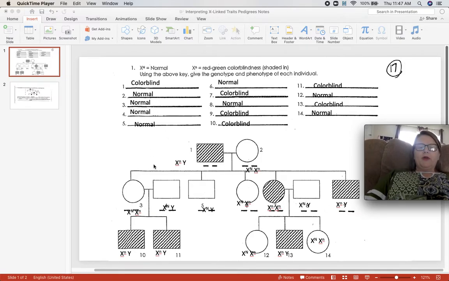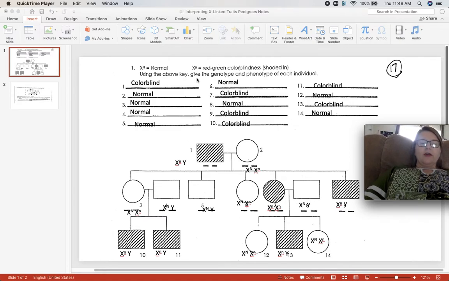Now remember, males are XY, females are XX. So everywhere you have a square, you can put XY, just to start off with. And everywhere you have a circle, you could put XX. So that would be one way to get started.